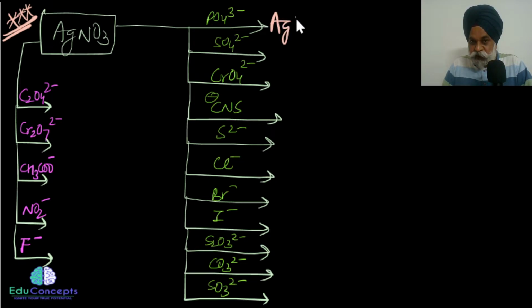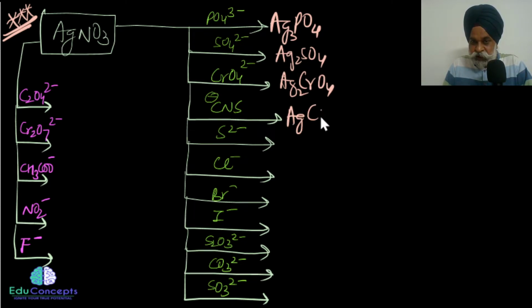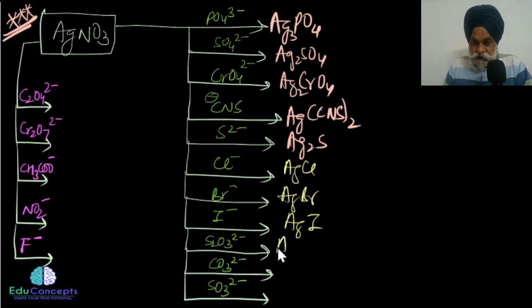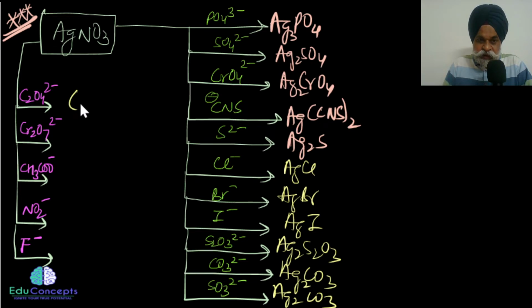You would get silver phosphate, silver sulfate, silver chromate, silver cyanate, thiocyanate, silver sulfide, then AgCl, AgBr, AgI, silver thiosulfate, silver carbonate, silver sulfite, then silver oxalate, silver chromate.